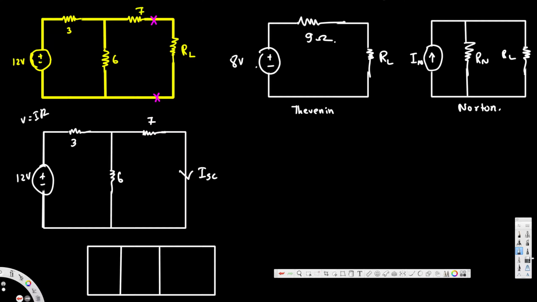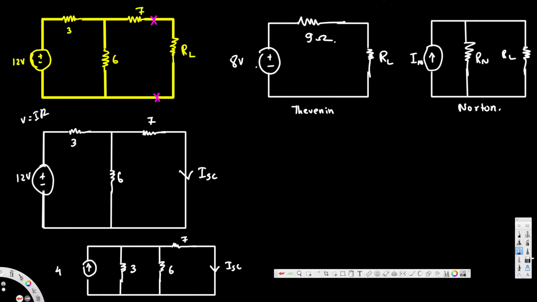Now let's go ahead and plug all these things in. 7 ohm, 6 ohm, and this is 3 ohm, and here we will have the current source, because after we do the source transformation, this is going to turn into a current source of 4 ampere. So this will be 3 ohm, this is 6, and here we have 7, and this is our I_SC.